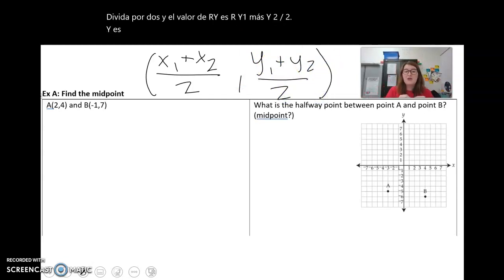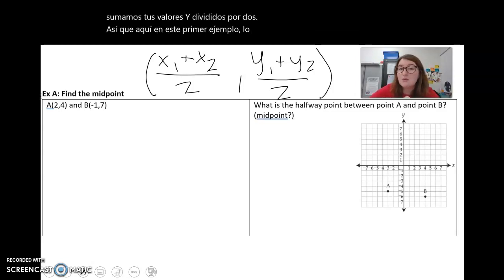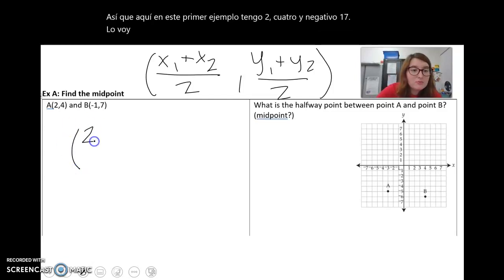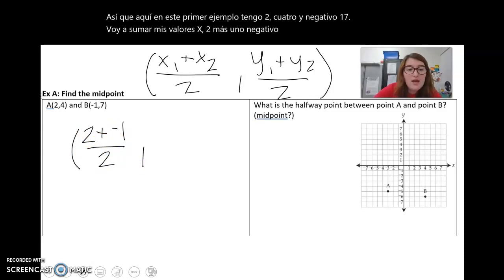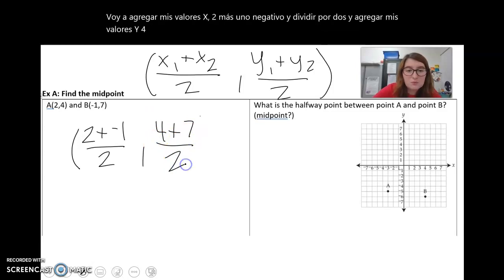We add our x values, divide by 2, add your y values, divide by 2. So here in this first example, I've got 2, 4, and -1, 7. I'm going to add my x values, 2 plus -1, and divide by 2, and add my y values, 4 plus 7, and divide by 2.